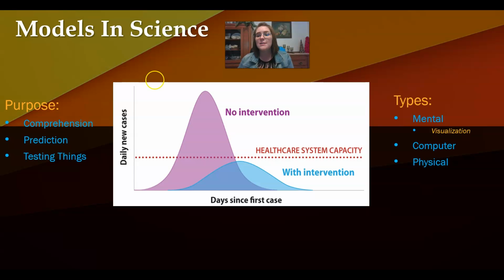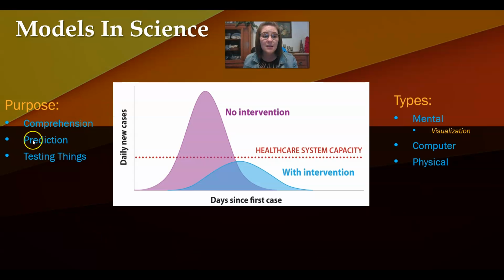So, depending on the type of model that you're using, like a physical model or a two-dimensional model, which would be like a drawing, with those ones, you're showing it to represent reality. Like if you draw a cell model, for example, that would be two-dimensional, and you're just representing what reality looks like to simplify it and help you comprehend it. So that would be going with the comprehension part.